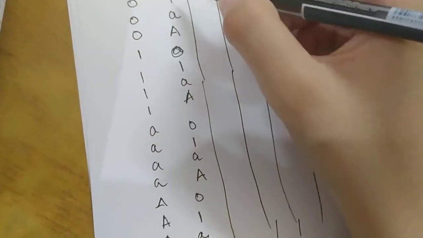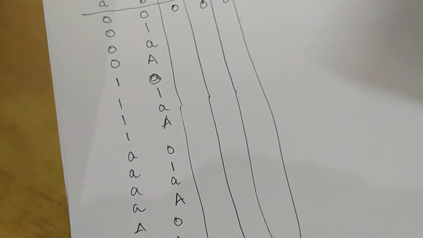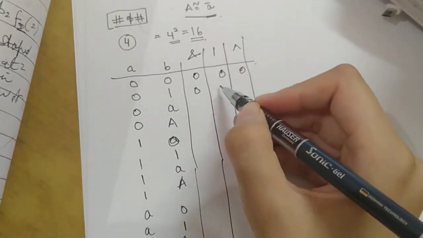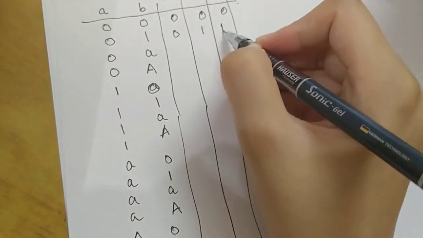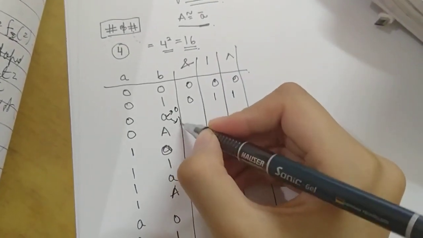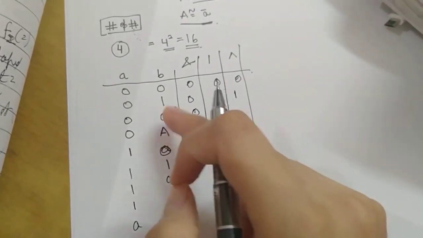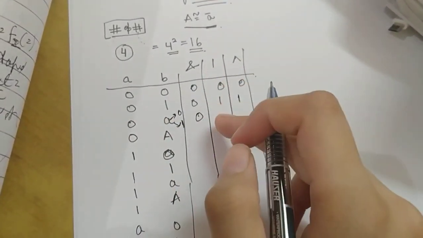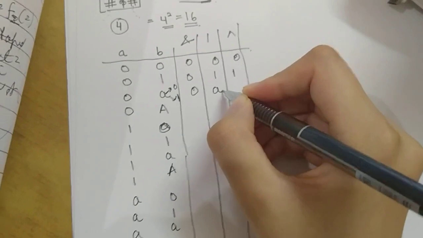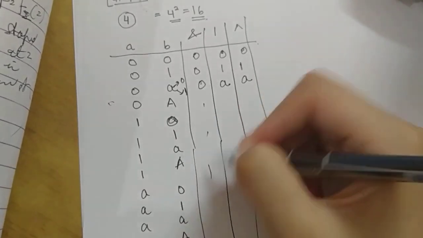We note that for 0, 0, AND is 0, OR is 0, XOR is 0. Similarly, for 0, 1, AND is 0, OR is 1 and XOR is 1. For A and 0, whether A is 0 or 1, its AND with 0 will give 0, and OR will give A. So this is A. Similarly we can fill the whole table.